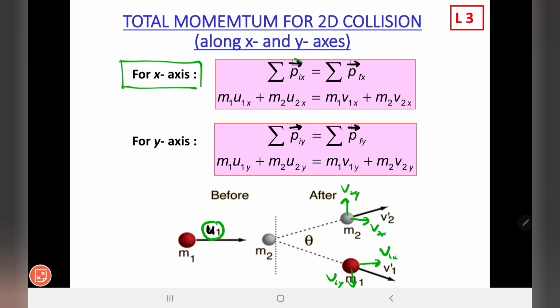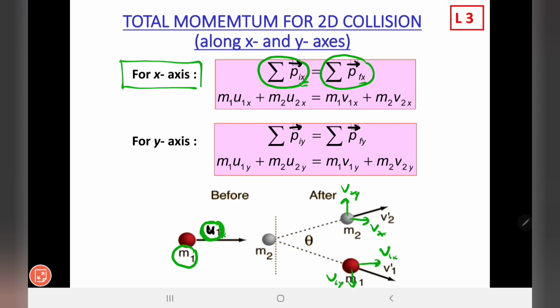But now we just start with the x component first. Alright, so total momentum initial and final are equal to each other, but for the x-axis. Initial on x, final on x. Alright, so according to the diagram, initially, what do we have now? The momentum is M1 and U1, and U1 is really on the x component, isn't it?